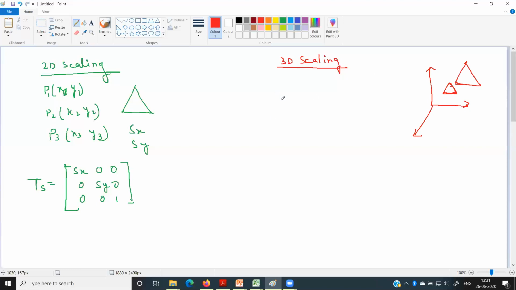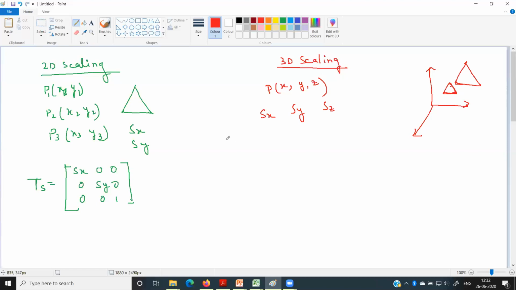Each point of the triangle will be represented by 3 parameters, x, y, and z. Here x will be multiplied by the scaling factor sx, y by the scaling factor sy, and z by the scaling factor sz.